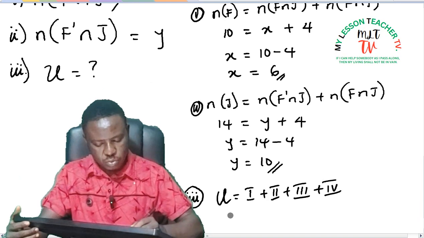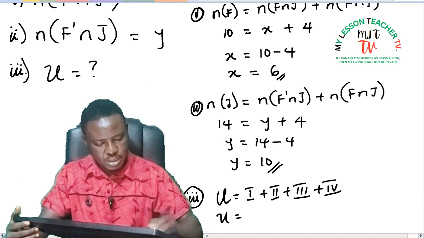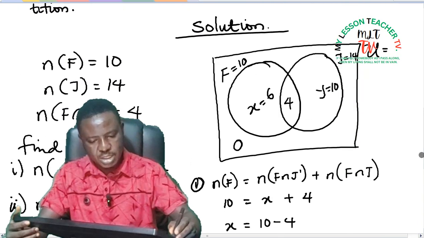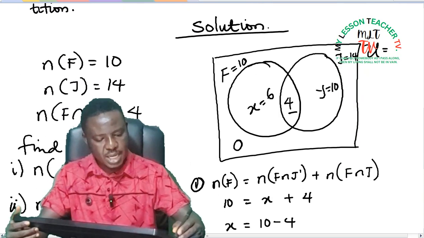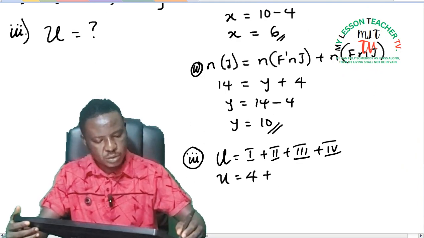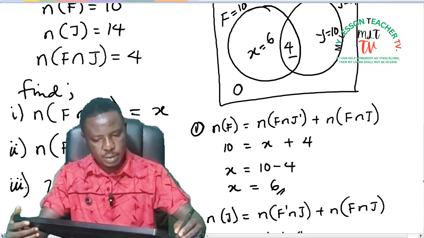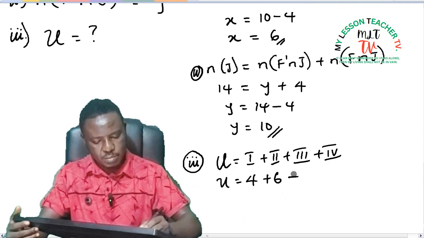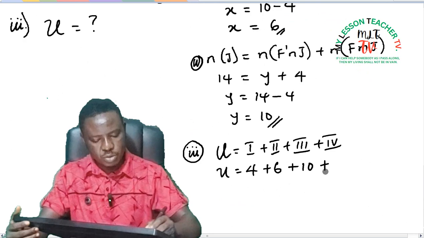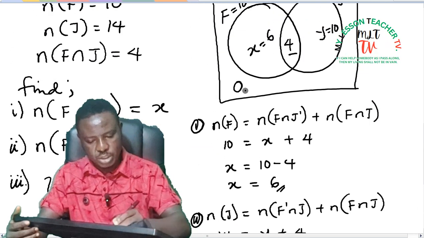And this is equal to region 1, which we said is the region of those who can dance both, we said is 4, plus region 2, which is 6, plus region 3, which is 10, plus region 4, which is 0.